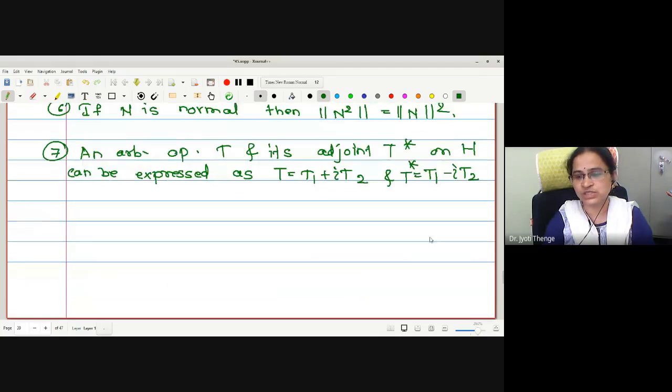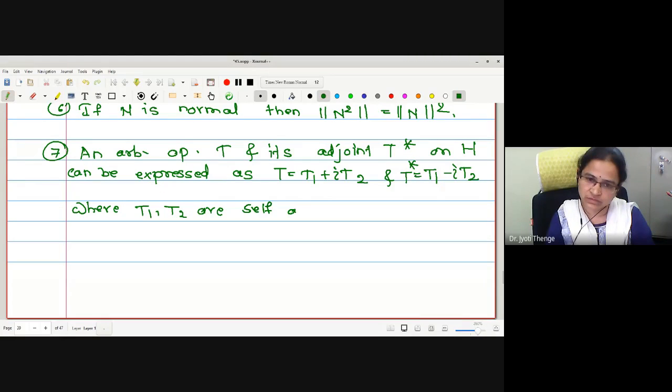That is, it looks like a complex number and its conjugate, where T1 and T2 are self-adjoint operators.